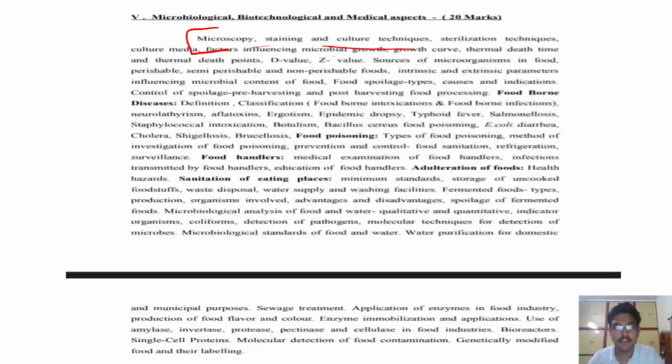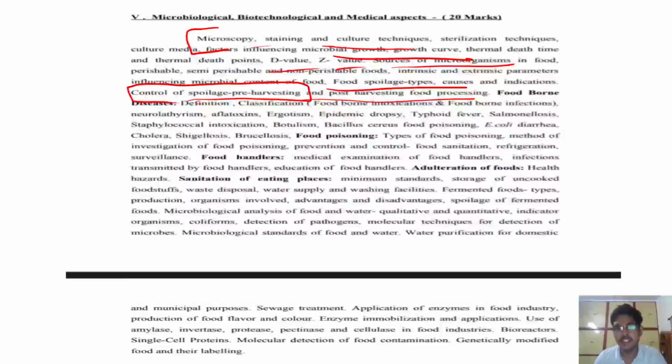Then we have the microbial growth curve, TDT or TDP, D value, Z value, sources of microorganisms in food, and then food spoilage, their types, post-harvesting spoilage, and spoilage due to improper control in pre-harvesting. So these are the major fundamental topics of your food microbiology.